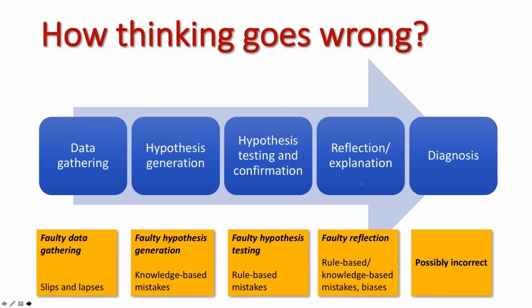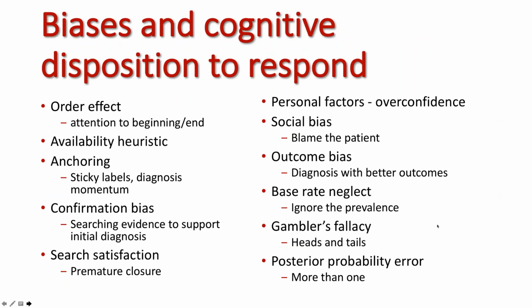And then finally we can go wrong in the process of reflection and explanation also, because we either misapply a good rule or apply a bad rule, or we have knowledge based mistakes, and sometimes we may have biases. We sometimes try to become biased towards one diagnosis or the other, so there we may err in the process of reflection and explanation. And when these things happen, then possibly we may reach an incorrect diagnosis.